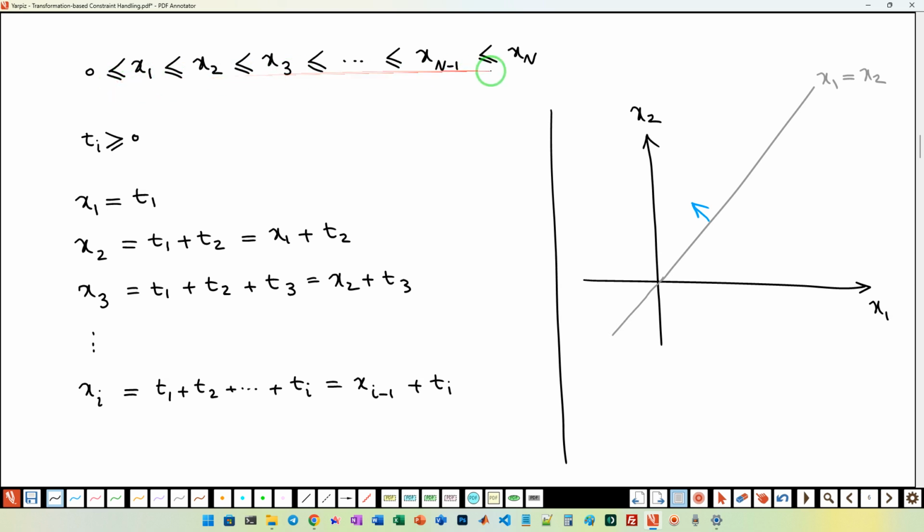We have n constraints here, but by using this definition we can make sure that we're going to handle all of them. And that's it. Maybe in next videos I'll cover other methods of handling different kinds of constraints or penalty methods.